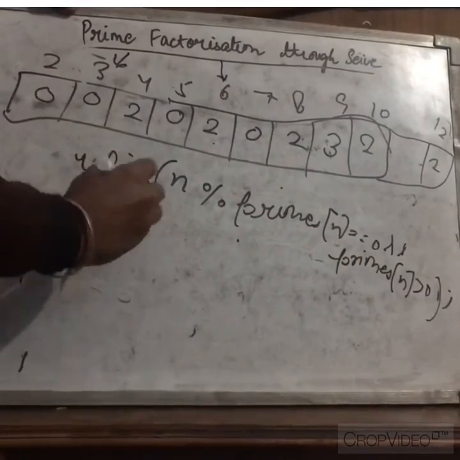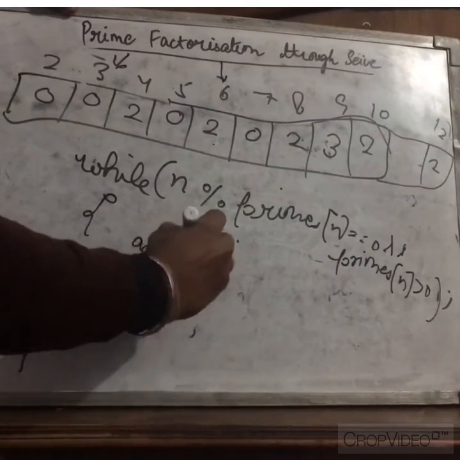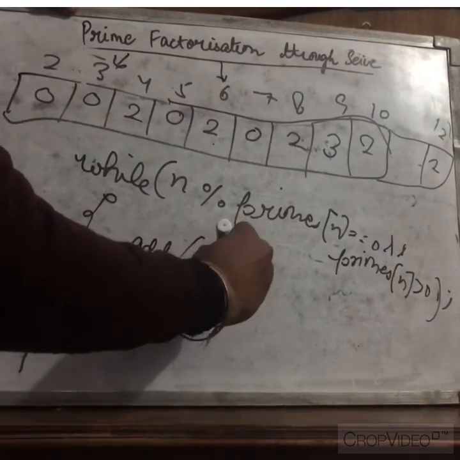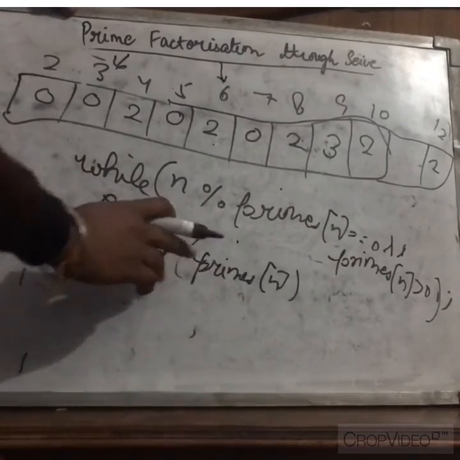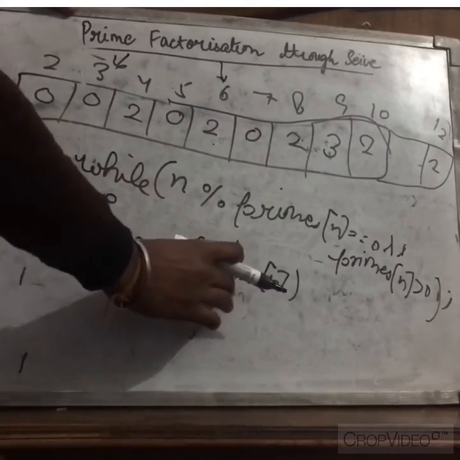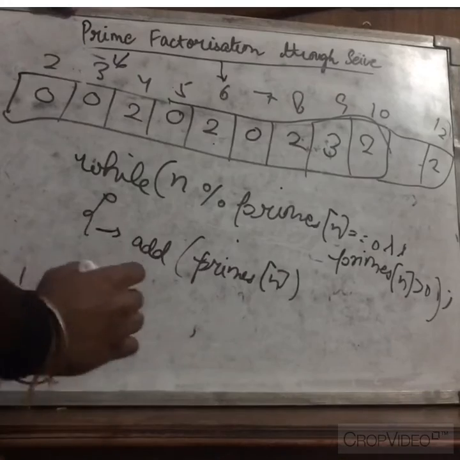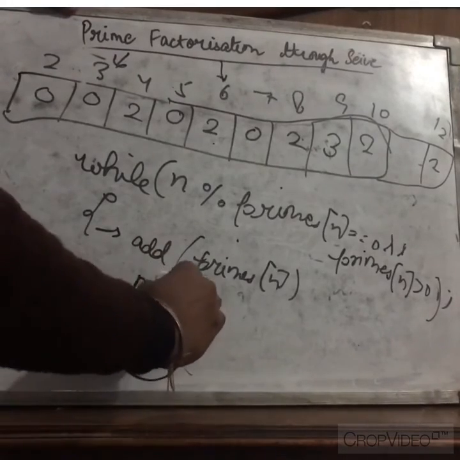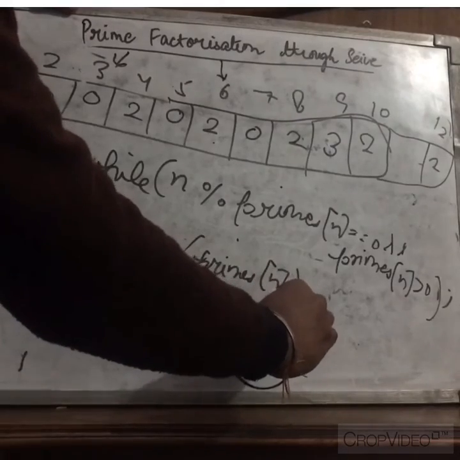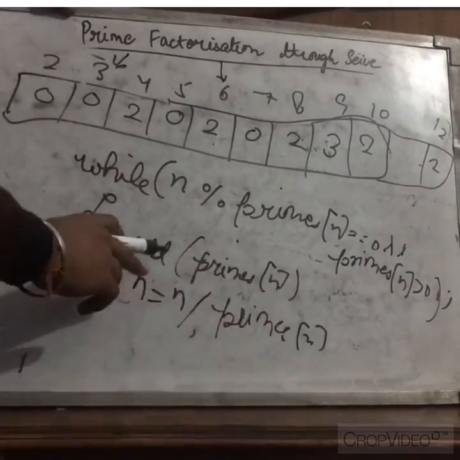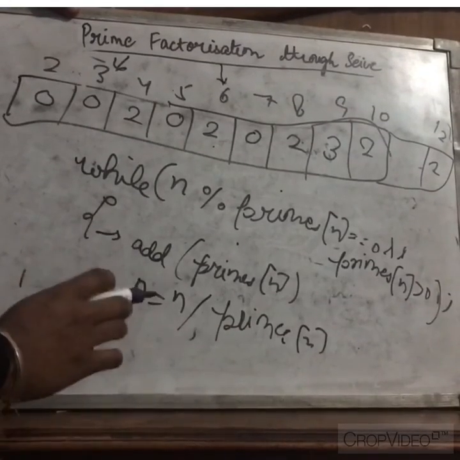Then add primes of n to my final array, which will store all the prime factors, and set n equal to n divided by primes of n. This should work.